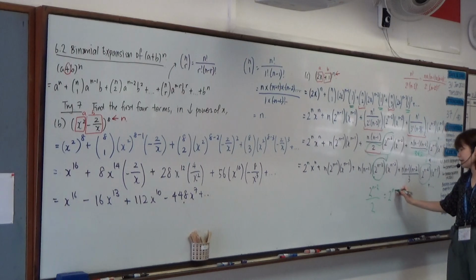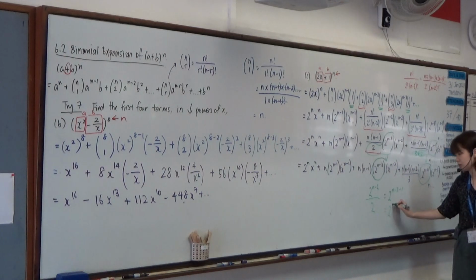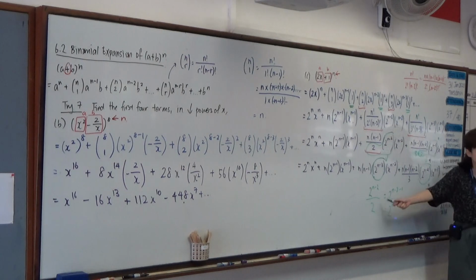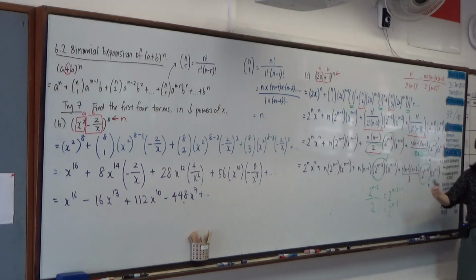So that's why I will have 2 to the power n minus 3. The same thing applies over here. Any questions? Divide means minus, right? Remember, cancel away one of the 2's.